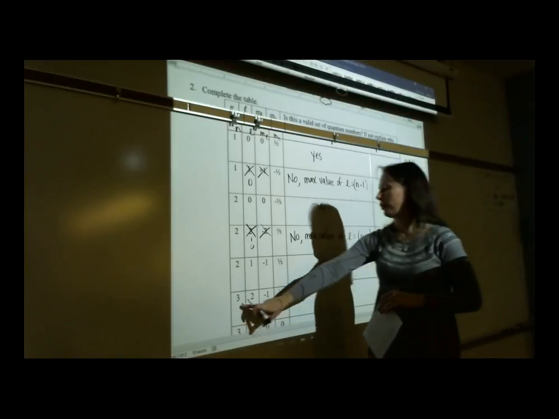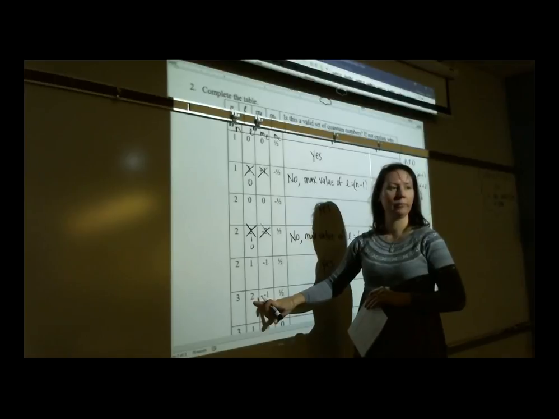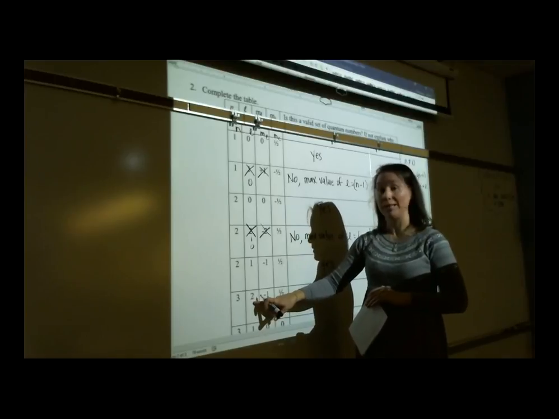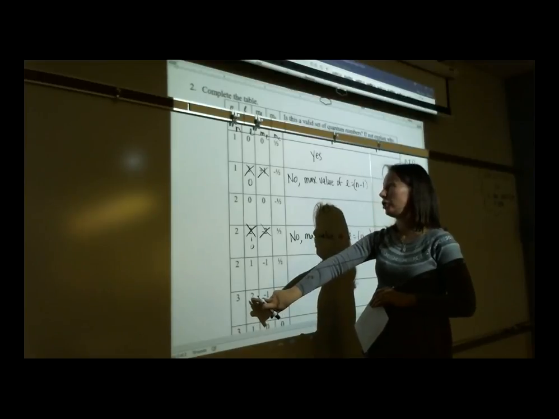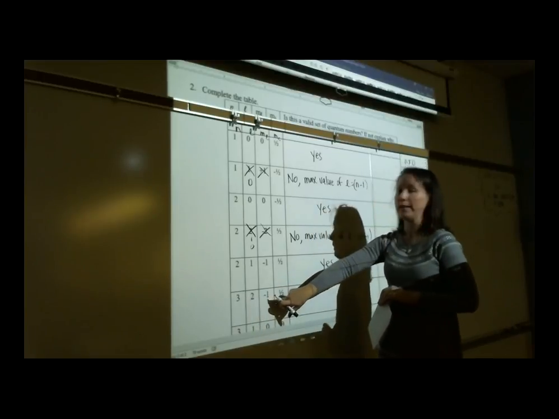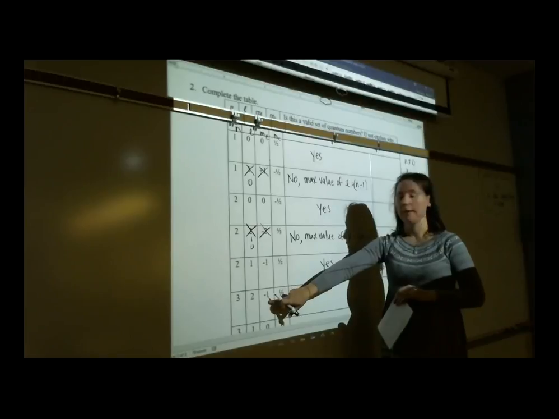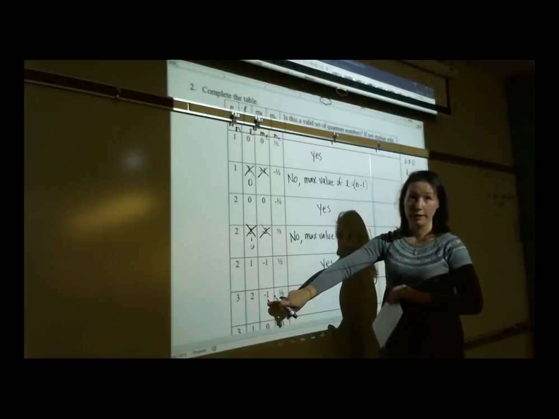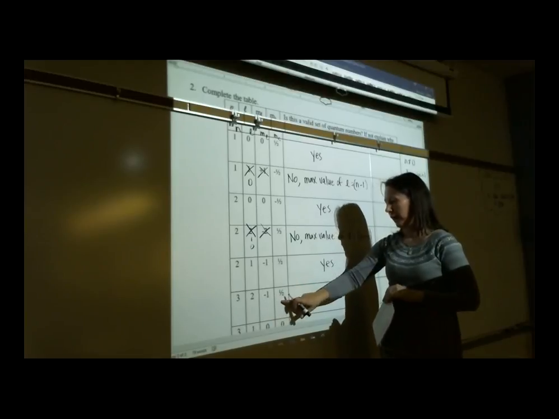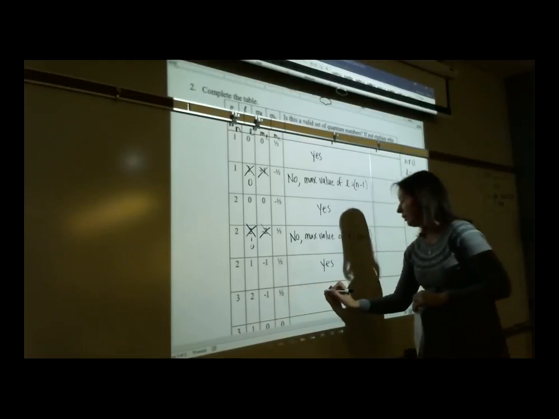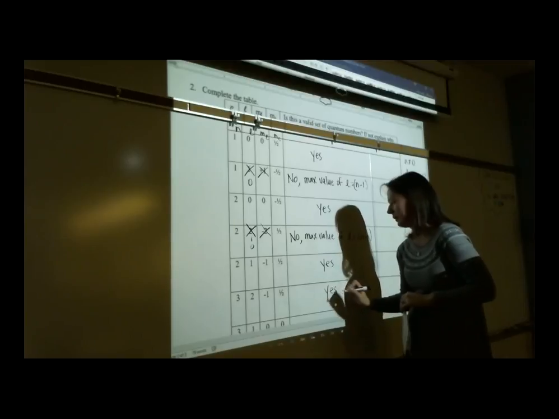If N equals 3, can L be 2? Yes, because that's less than N minus 1, right? If L is 2, can M sub L be negative 1? Yes, because it's in the range of negative 2 to positive 2. That's within that range, so that one's good. And that's a valid value of M sub S. So yes, that one is allowed.